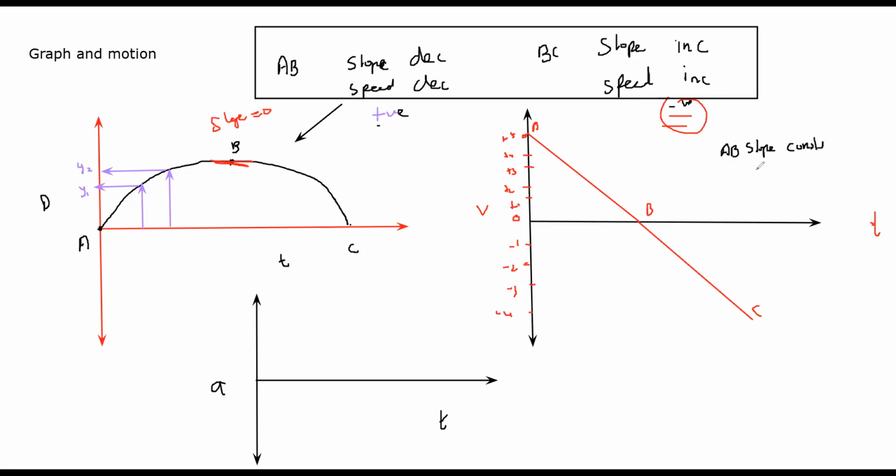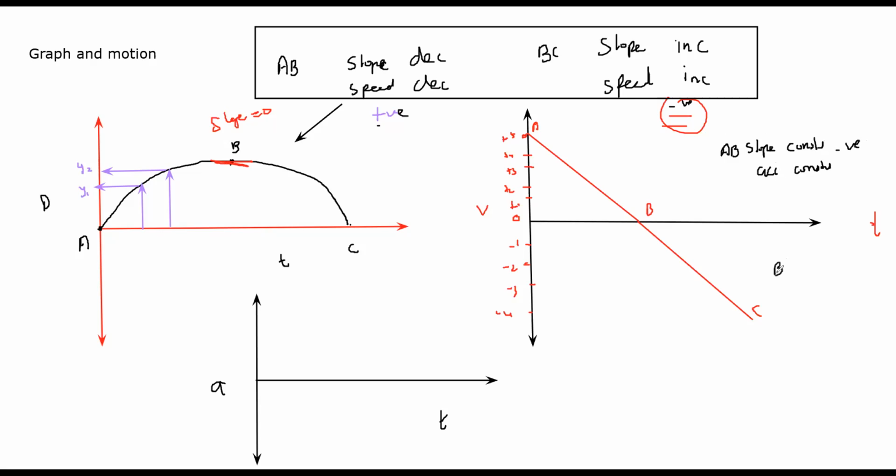And what about the value? If the slope is constant, it means acceleration is constant. Acceleration is not changing. And what about the value for acceleration, positive or negative? The value of the slope will be negative.